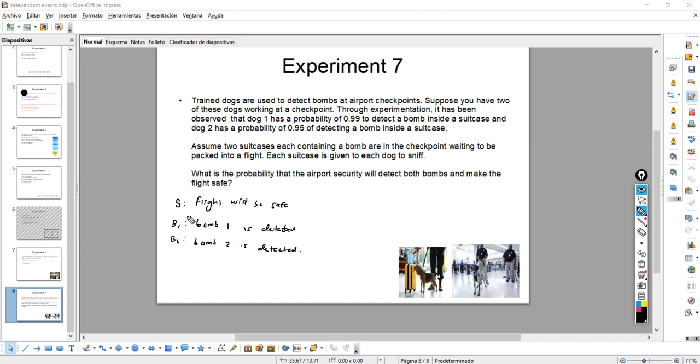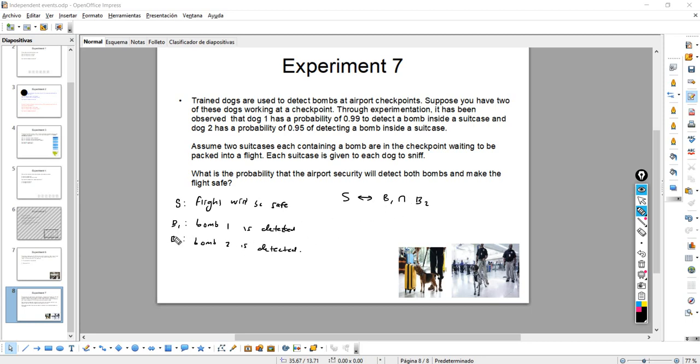Okay, so how can I interpret S in terms of B1 and B2? Well, S is going to be equivalent to B1 and B2, right? It has to be and. Why? Because the plane will only be safe when both bomb 1 and bomb 2 are detected.